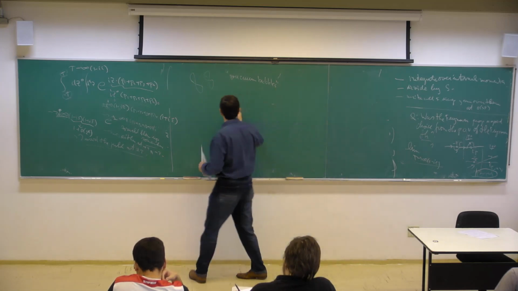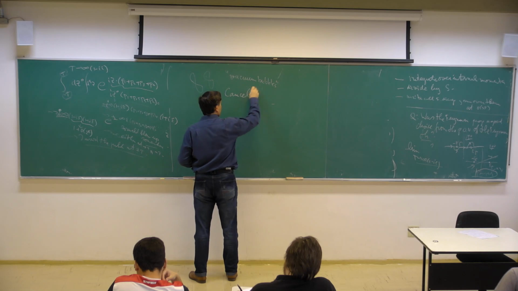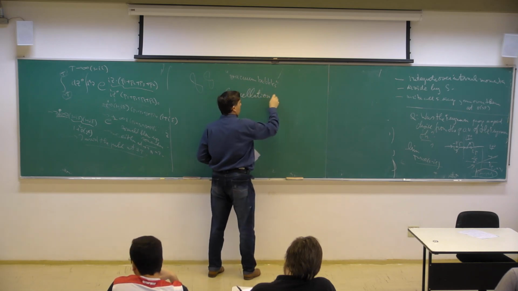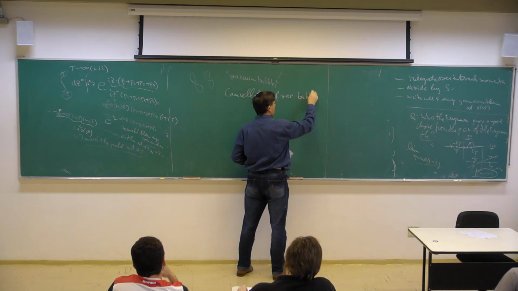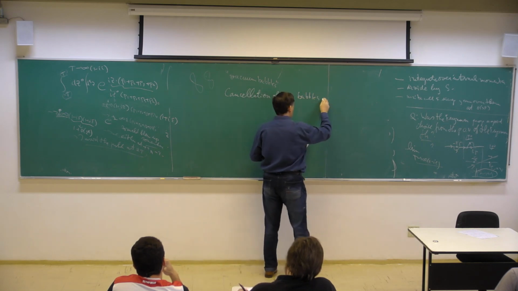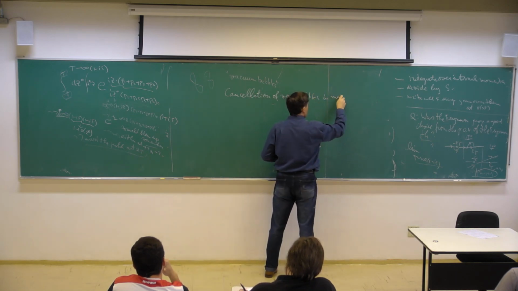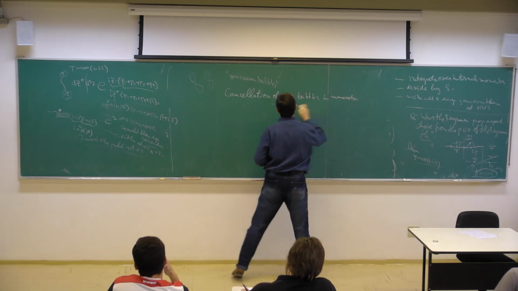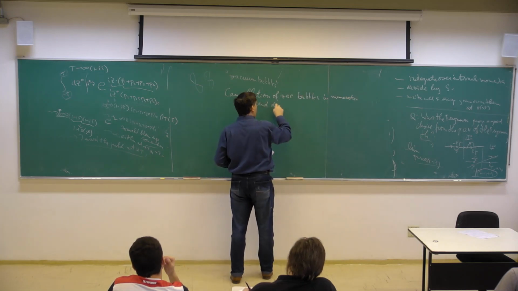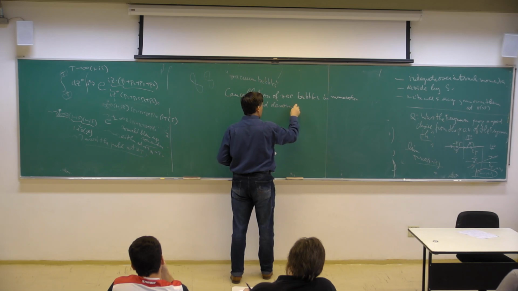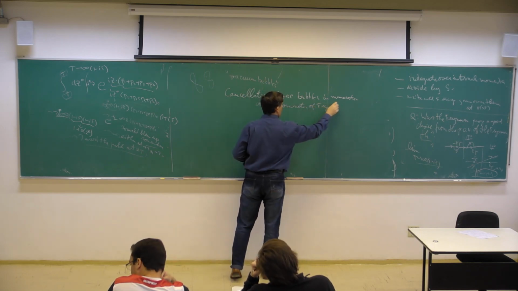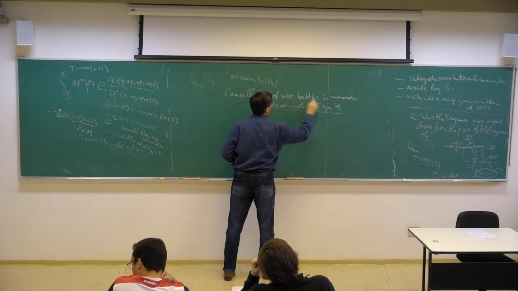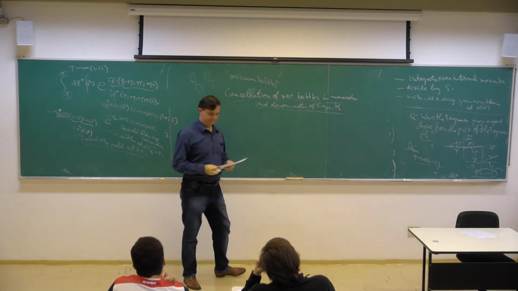So let's say: cancellation of vacuum bubbles in numerator and denominator of Feynman's theorem. Okay?